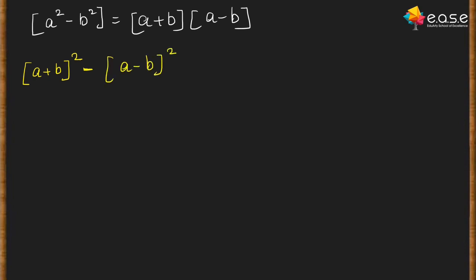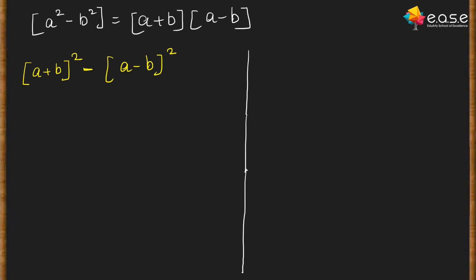Ideally, we know the expansion of each of them separately. We know the expansion of this and we know the expansion of this, correct? So we'll do this sum in two ways and see how advantageous it is to know identities. Let's make two parts of the board and see how to use this. So let's expand this.